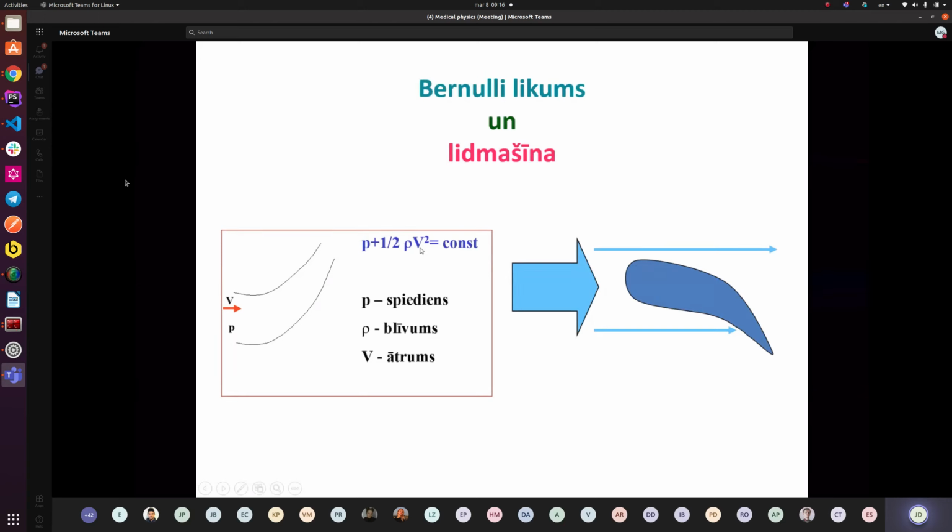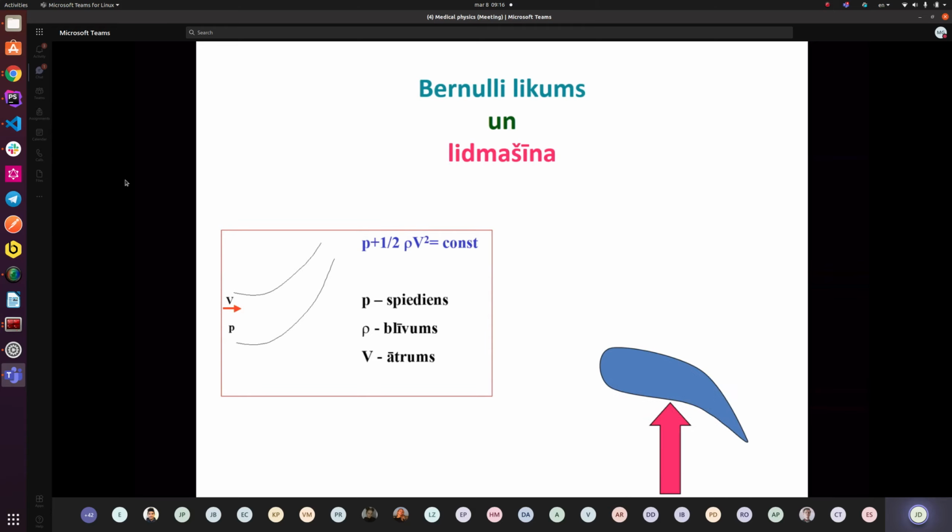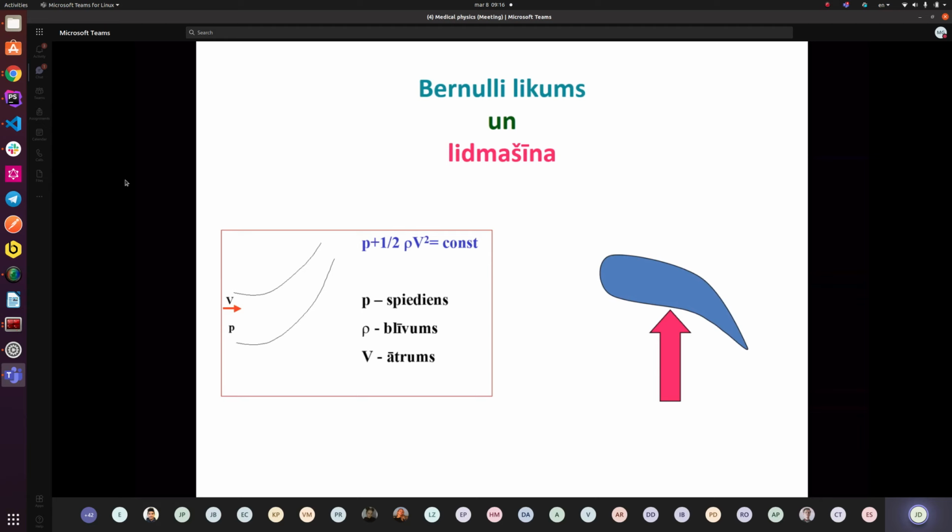If the velocity is small, the pressure is high. So the velocity here is small, the pressure is high. The resulting pressure in this case is directed upwards, which means the wing is lifted and the aircraft may be elevated. Is this clear?